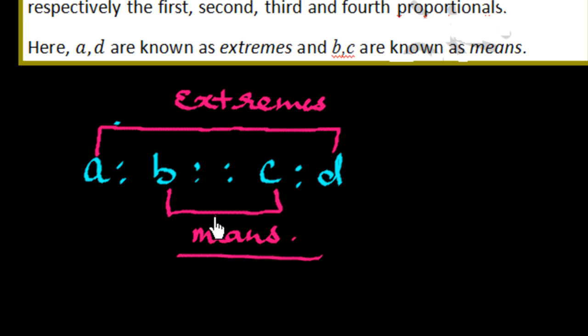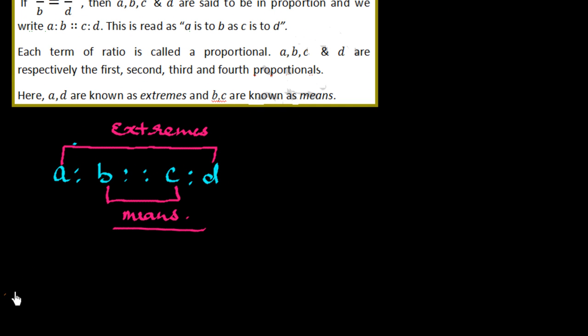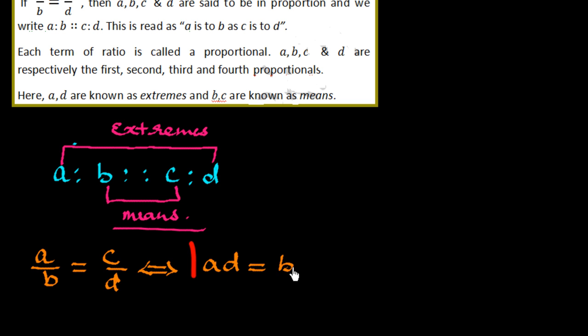One important thing is here that if we simplify this, A over B is equal to C over D. As per the arithmetic rule, we cross multiply D with A and B with C. So we get AD is equal to BC.